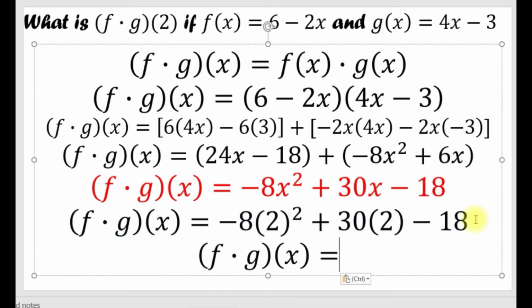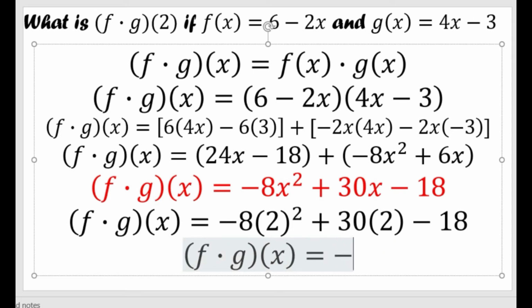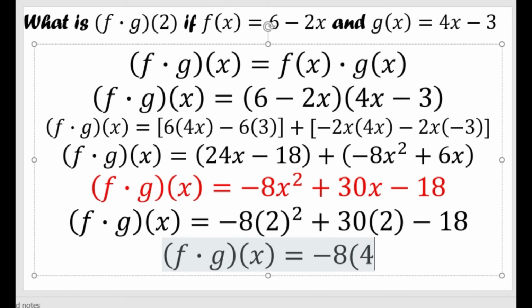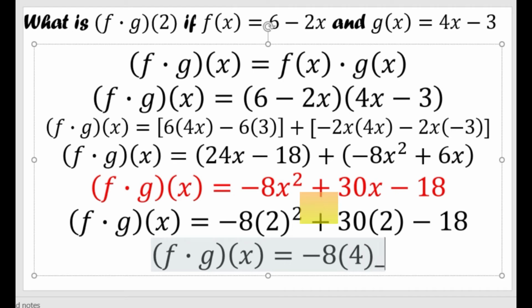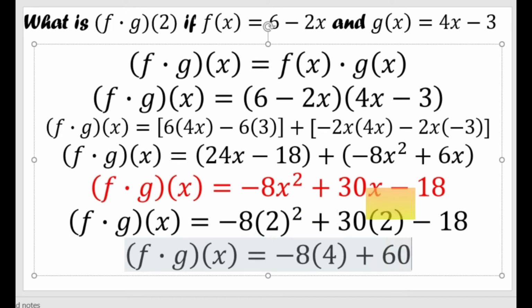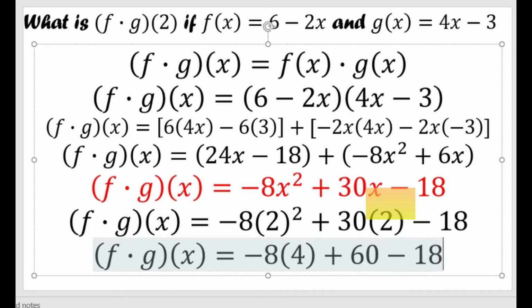Simplifying further, we'll have negative 8 times 4 plus 30 times 2 is 60 minus 18.